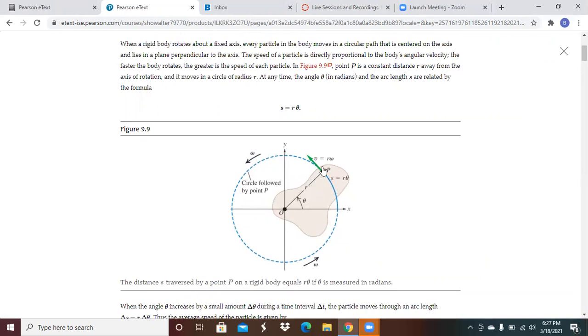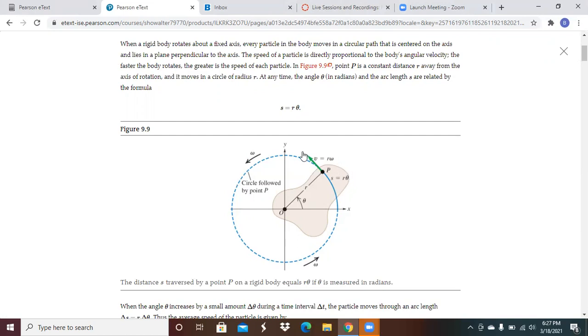So you can see here, you've got the rotation, you've got a point here, you know the relationship between the arc length and the radius, and then you've got the velocity headed off in this direction, and basically that comes from taking the time derivative. We're not using calculus, but that's essentially where it comes from. You're looking at the change of this over time and then the change of this over time.